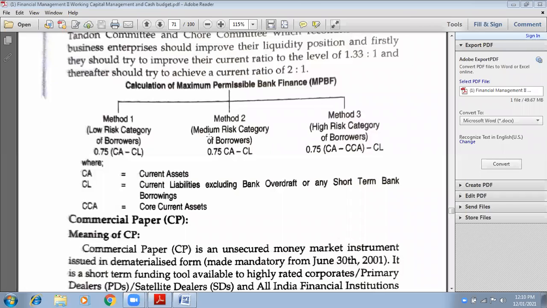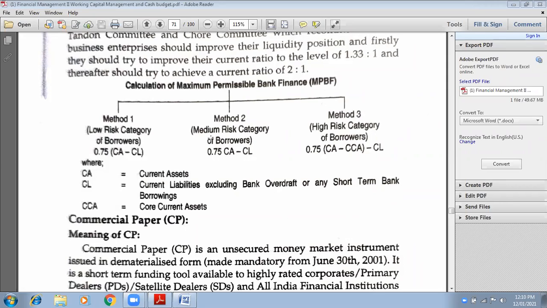Next is the medium risk category. In the medium risk category, the formula is a little different. It is 0.75, or you can say 75 percentage of current assets, and then whatever the answer is, you have to deduct current liabilities from it.